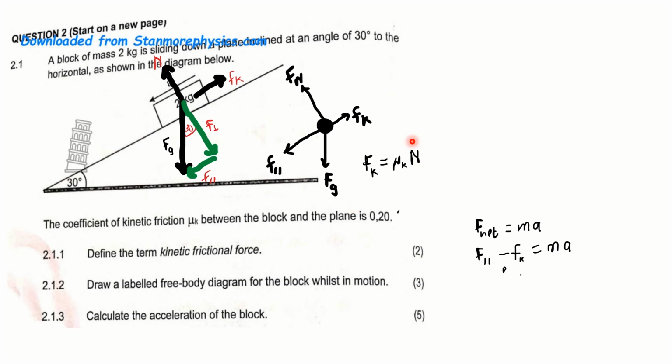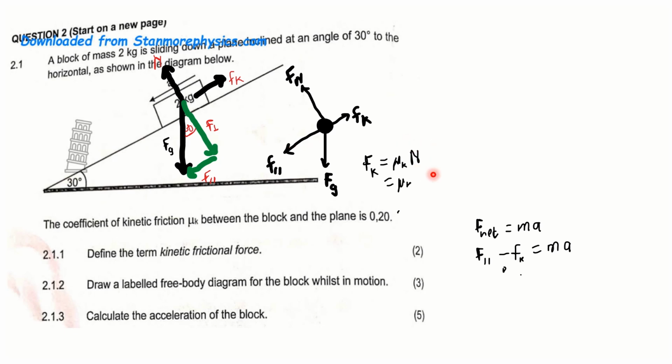Now, what is N? N is the normal force, or Fn. Some can write it as Fn. It's still one and the same thing. It's the same thing as this Fn that I wrote here. However, if you check, normal force is the same as F perpendicular. So, as such, we can rewrite this equation.